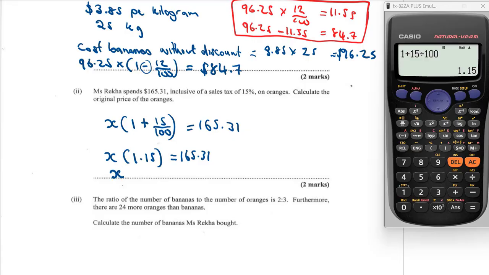So X is equal to 165.31 divided by 1.15, and that gives me 143.75. So that's our answer. Let's put our dollars.